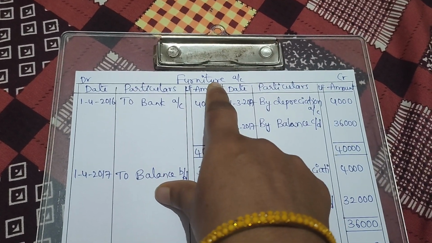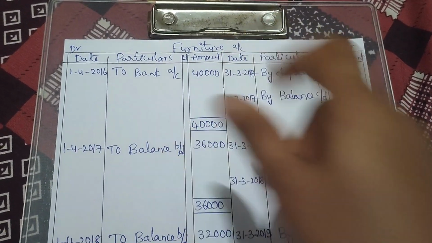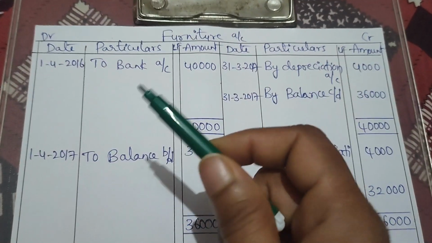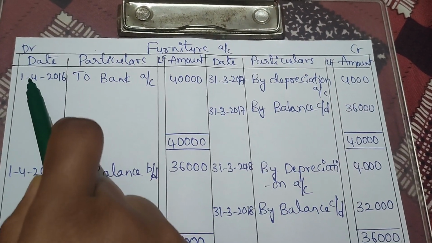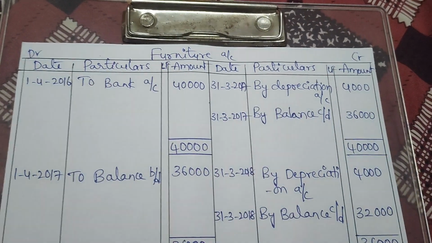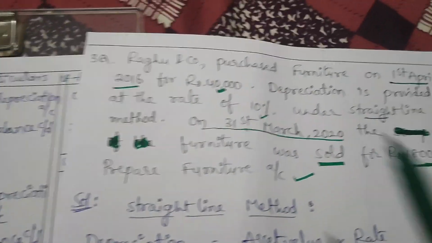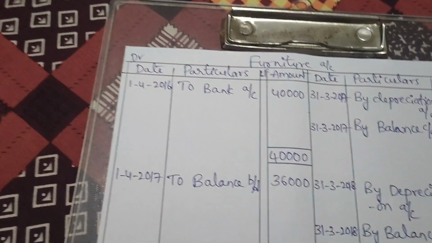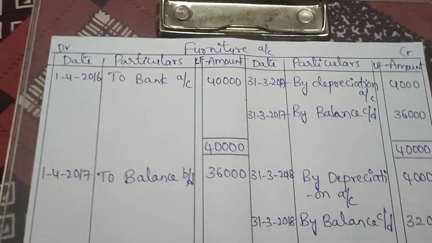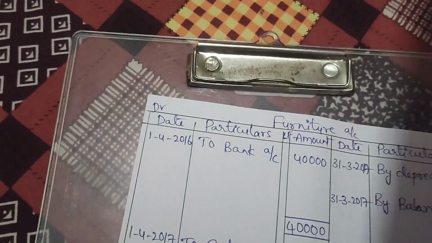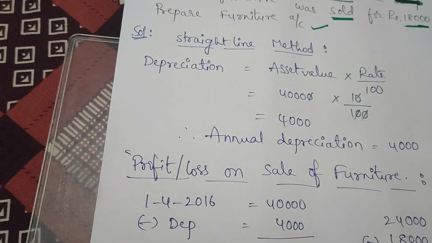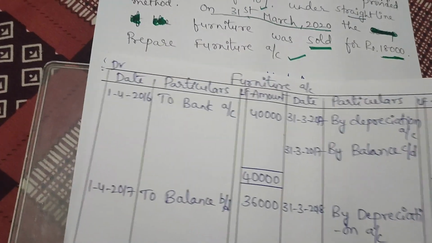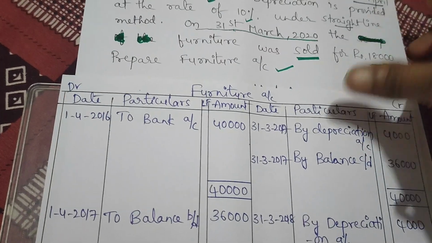Since this is furniture, we have to write furniture account. So furniture is purchased first. On the debit side, we write the purchasing date. When are they purchasing? On 1st April 2016. So we are writing here 1st April 2016.